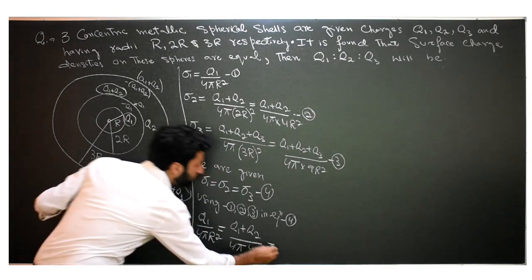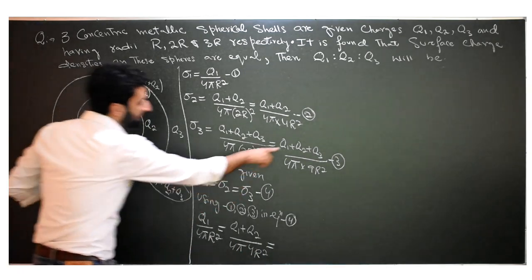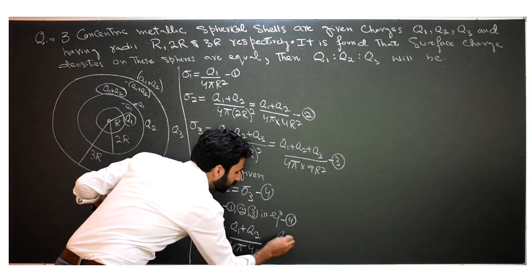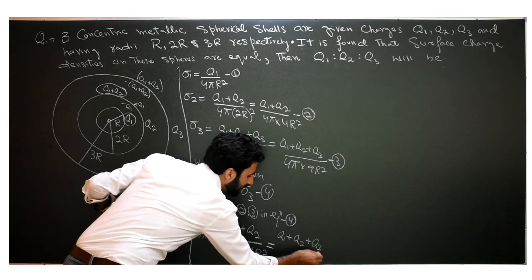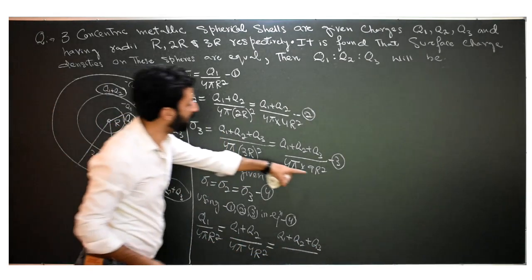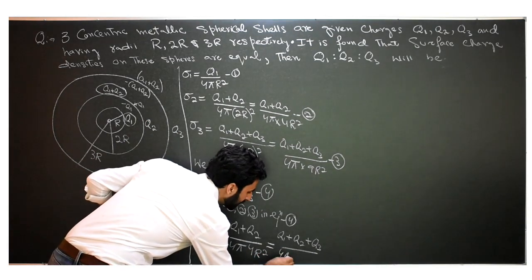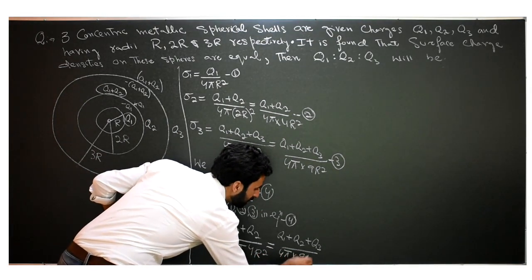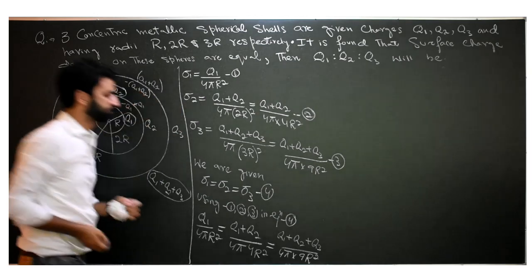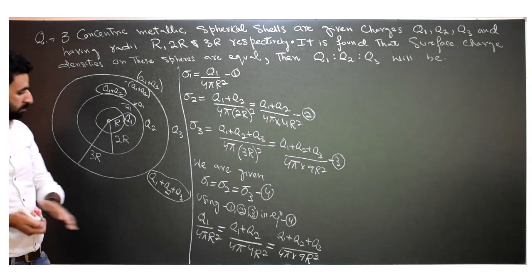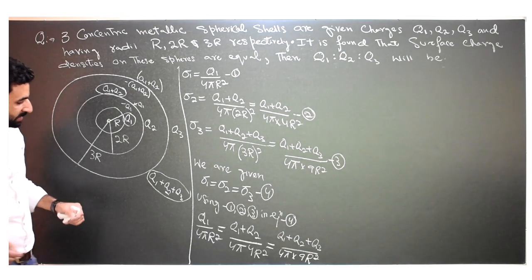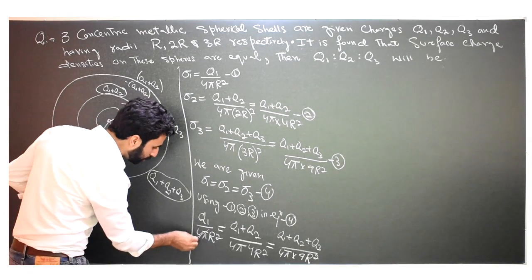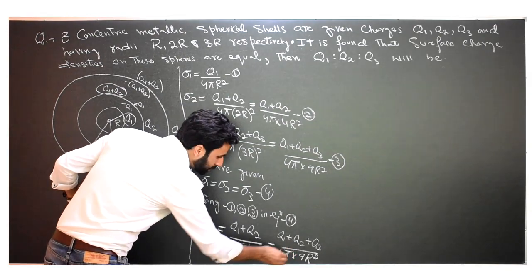This should be equal to the surface charge density of the third shell, that is Q1 plus Q2 plus Q3 divided by 4 pi into 9r square. Now if we have similar terms in the equation, we can have some cancellations. 4 pi is throughout, so we can cancel 4 pi.